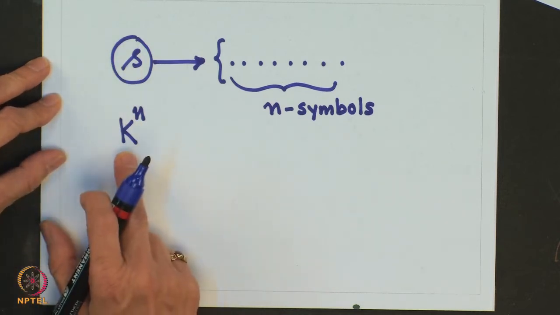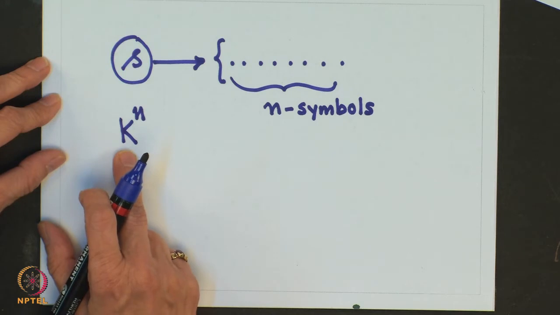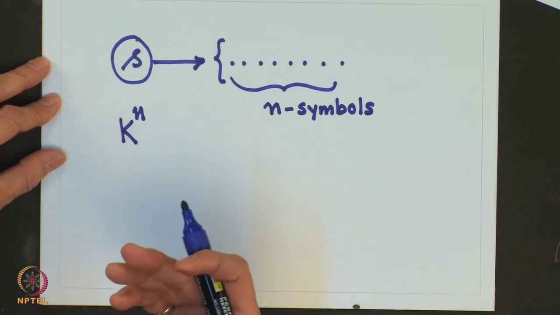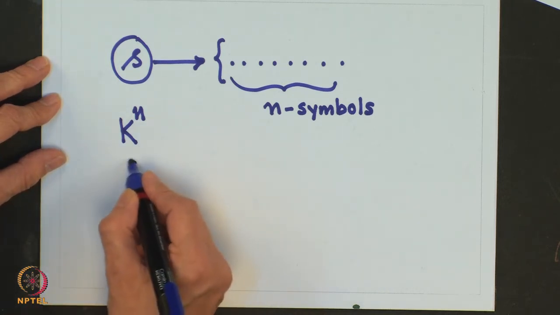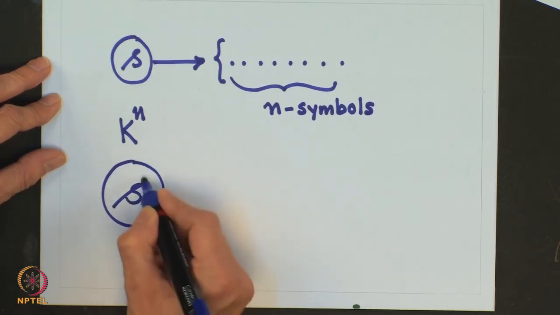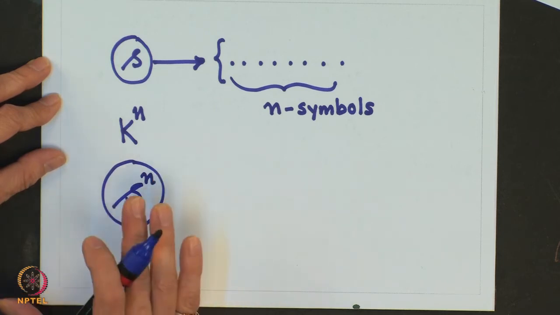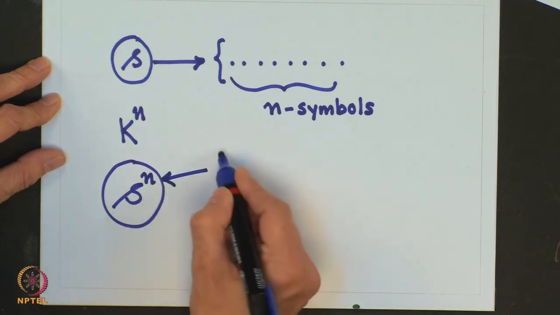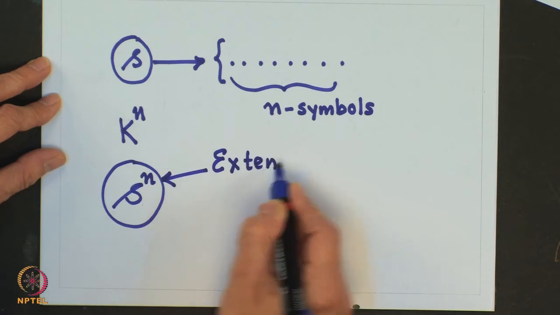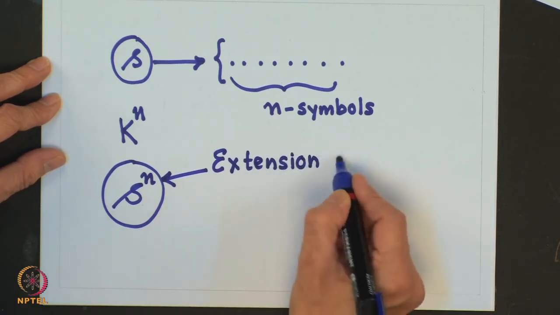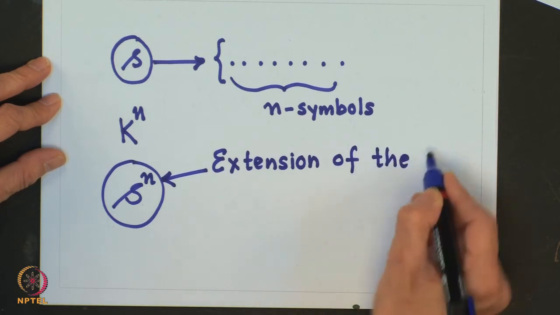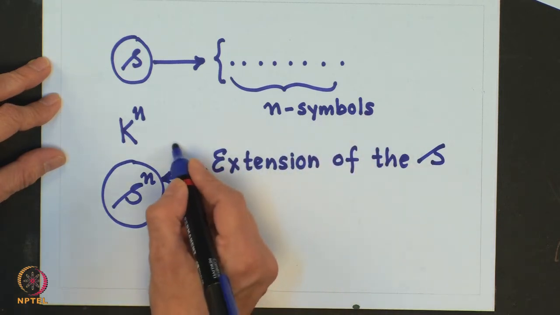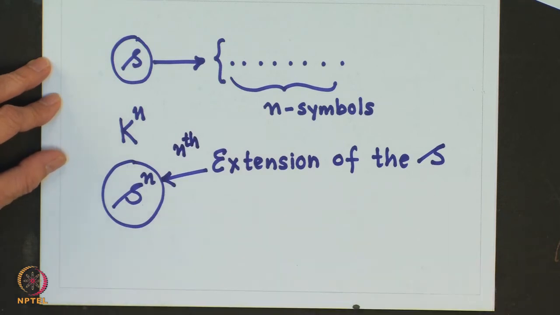S. So, now I can assume that these new symbols, k raised to n of them, are being emitted from another source, and that source I indicate by S raised to n, and this is known as extension of the original source S. Since I have grouped in terms of n symbols, this is known as the nth extension of the source.